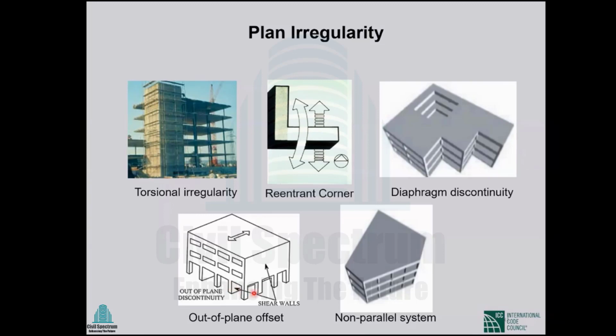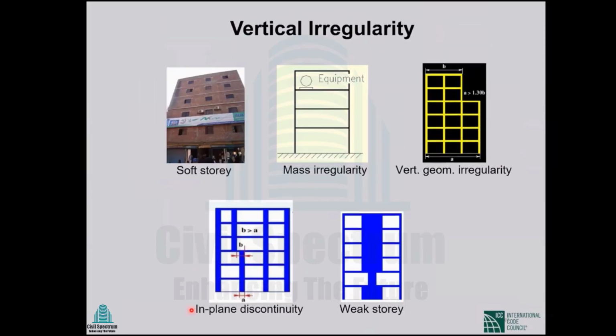So you can see this discontinuity in floor plans. That's why this is a plan irregularity. So when the shifting is in a different elevation, then this is called out of plane offset. And in the previous case, in-plane offset, you can see the shift in the same plane of elevation. So that is the difference.